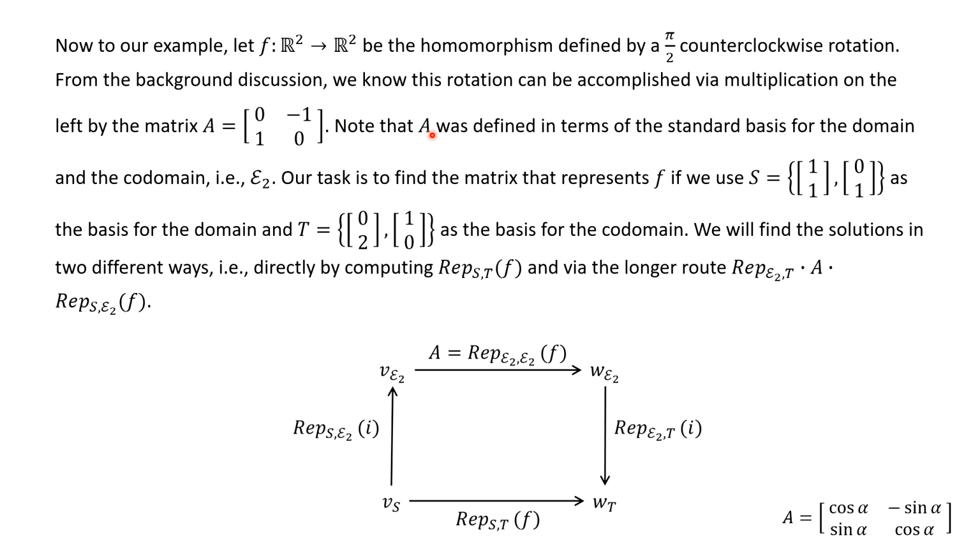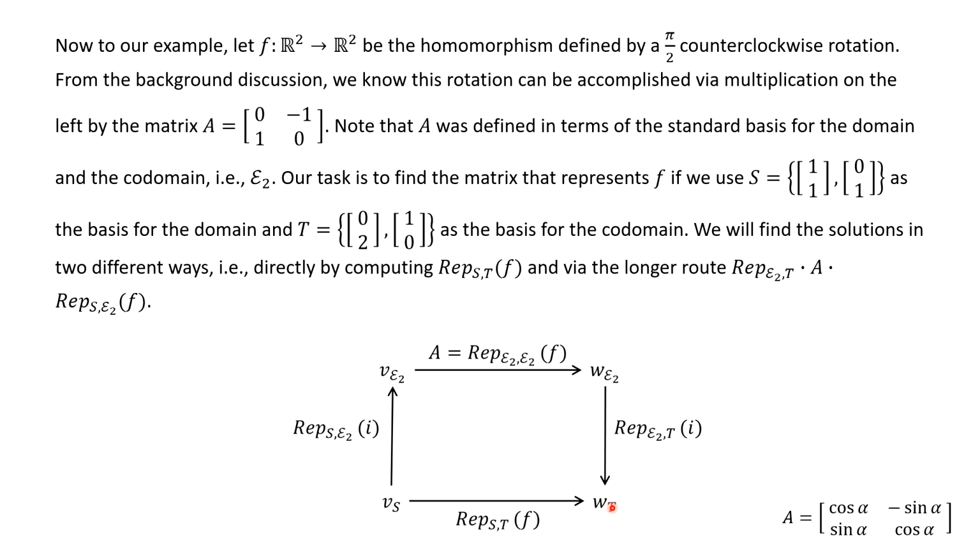And note that A was defined in terms of the standard basis for the domain and the codomain on the previous slide. And our problem is to find another matrix to accomplish the same rotation, but using the basis S for the domain and the basis T for the codomain. And we know from our previous discussion there were two ways of doing that.